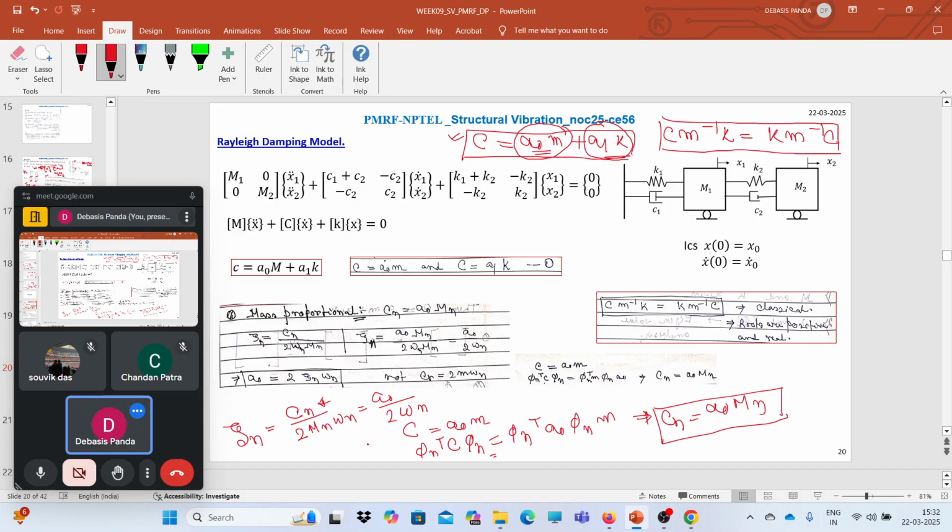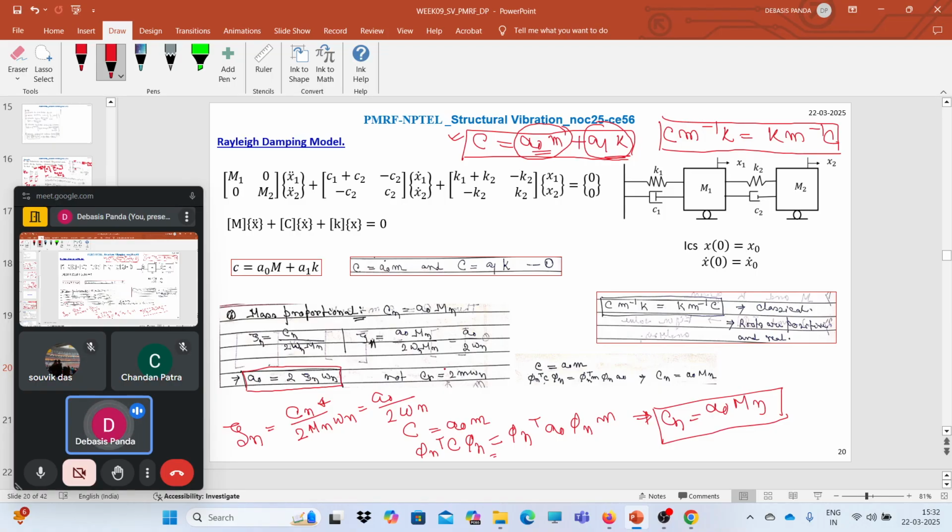Mn will cancel out. Now A naught will be nothing but twice zeta omega n, and we know that CCR is that critical damping.